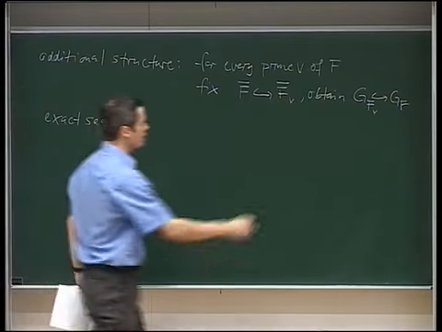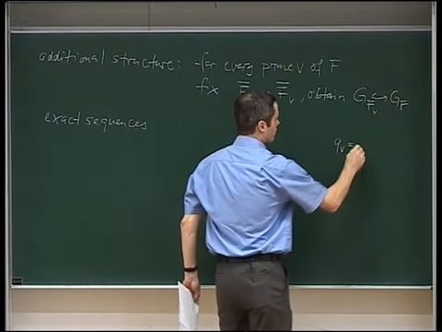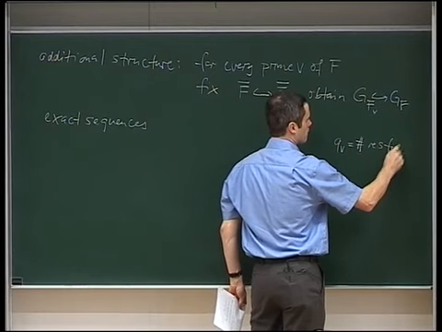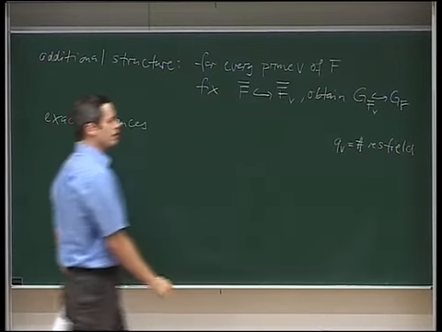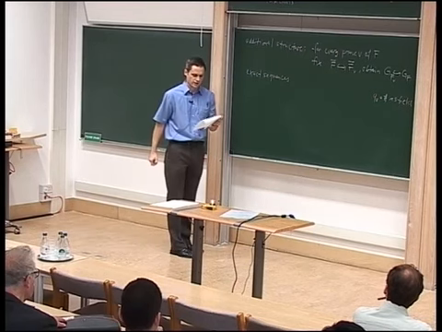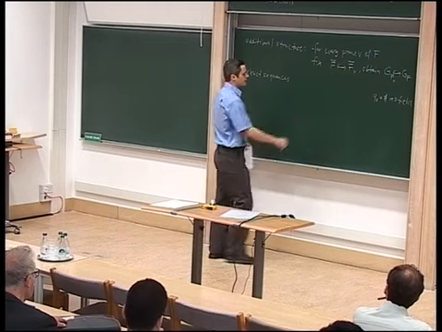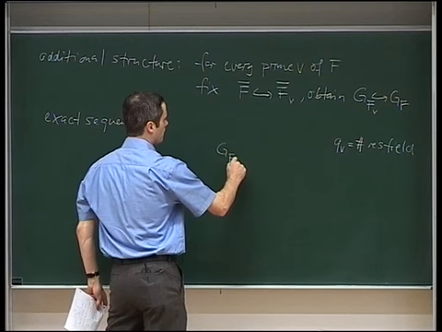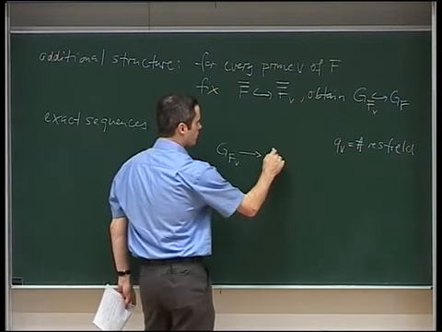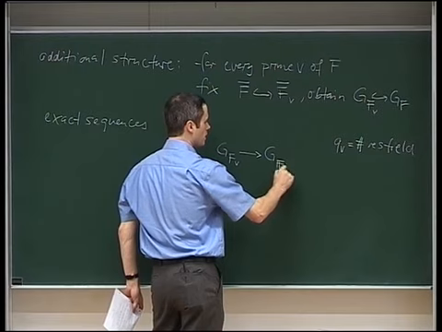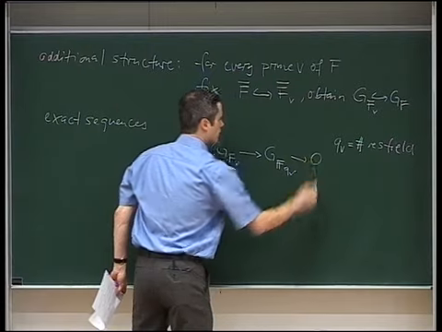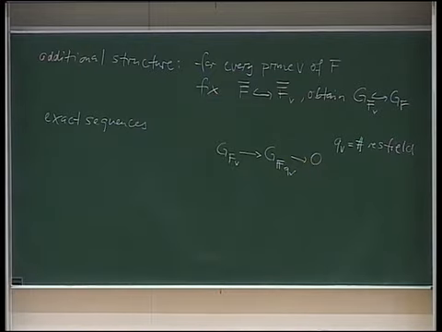So if I denote by q sub v the size of the residue field, the ring of integers quotiented out by the prime ideal corresponding to v, then there is a natural surjection from the decomposition group onto the absolute Galois group of the finite field with q_v elements.